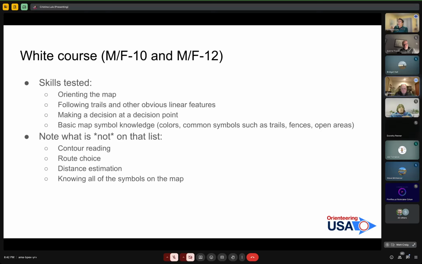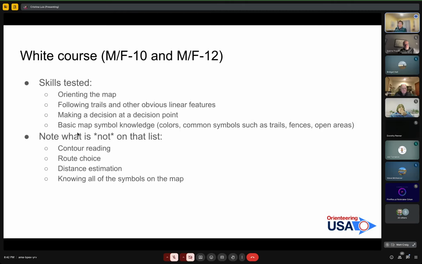Like maybe they know blue is water, black is hard things, yellow is open, right? Kind of that level of symbol knowledge, and some basic linear symbols like trails and roads and fences. That's pretty much it. That's all we expect from white runners, right?